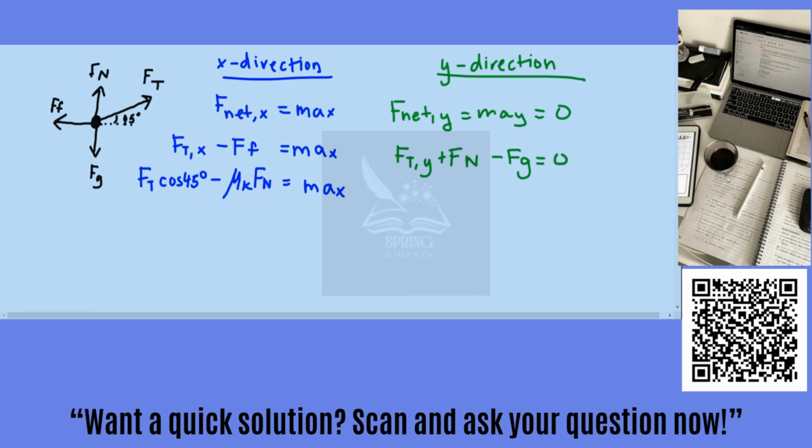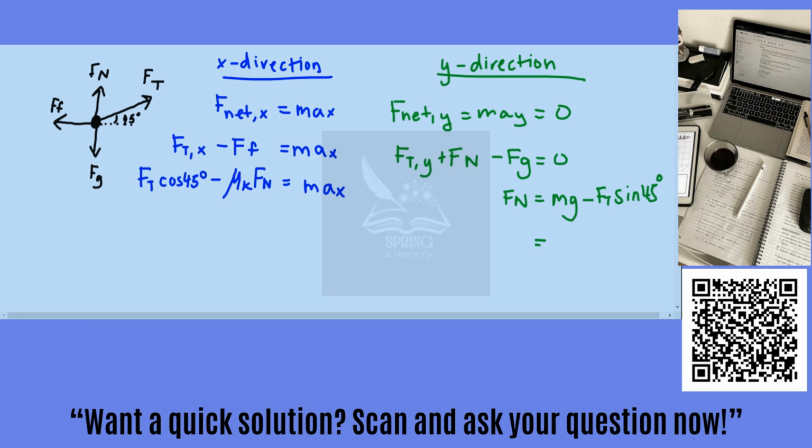And so the normal force will be equal to gravity, mg, minus the y component of the tension force. So I'll just write that as Ft sine 45 degrees. So using this, we can absolutely find what that normal force is going to be. Using the mass is 800 grams.